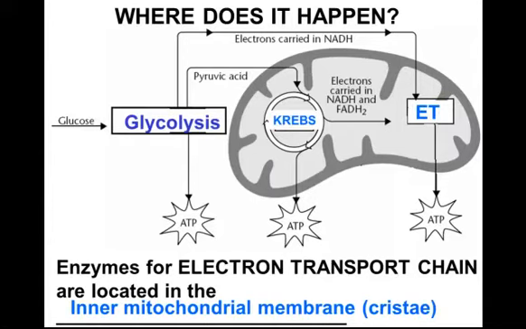And the closest membrane to where Krebs cycle is happening, where we're making these electron carriers, is the cristae membrane. And so the molecules that are part of that transport chain are going to be attached. They're part of that inner mitochondrial membrane, part of the cristae. So we're going to watch a little movie about our next part of the pathway, which is electron transport.